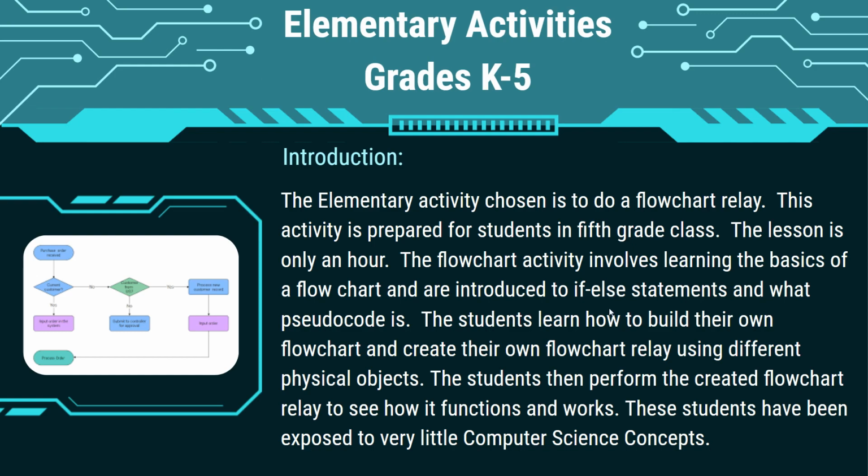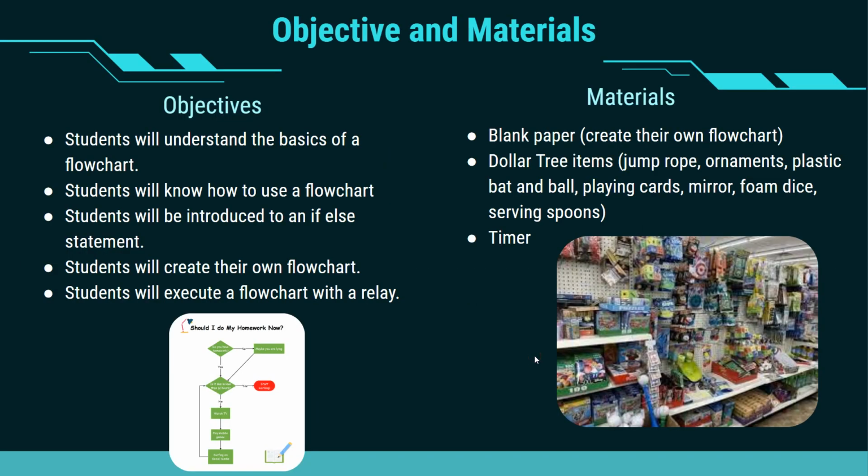So, the first thing I did is I wanted to make sure that they were aware of the objectives. The things that we wanted to cover in the lesson were making sure that they understood the basics of a flow chart, how to use a flow chart, know what the if else statements are, that they could create their own flow chart, and that they could execute a flow chart in the relay race.